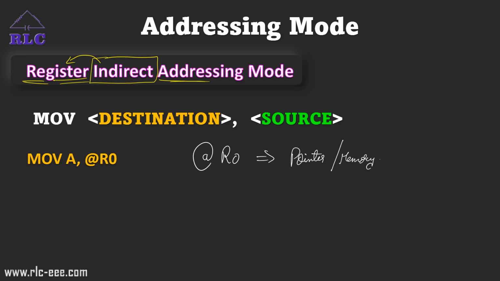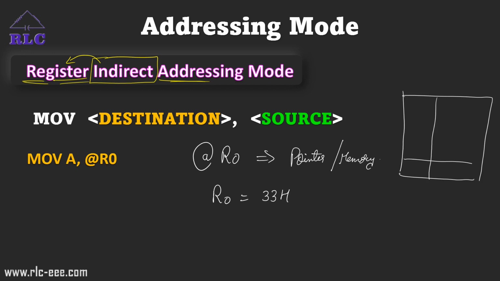We'll consider one example. Say R0 is equal to 33H. That is, the R0 register is having 33H. Then the memory locations, say, we'll write here 30H, 31, 32, 33, 34.